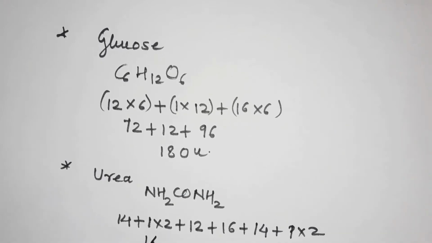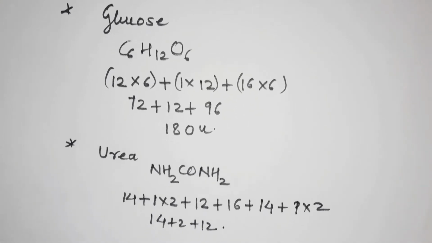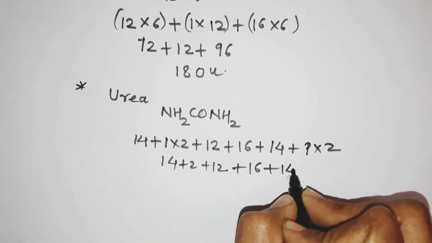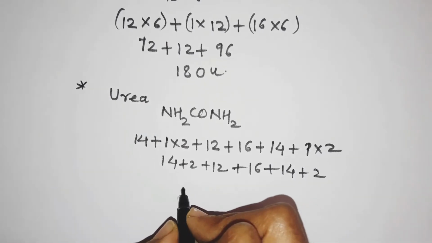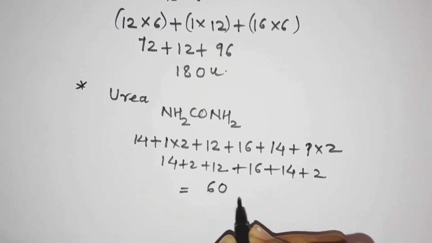So this is equal to 14 plus 2 plus 12 plus 16 plus 14 plus 2. And the sum is equal to 60 U.